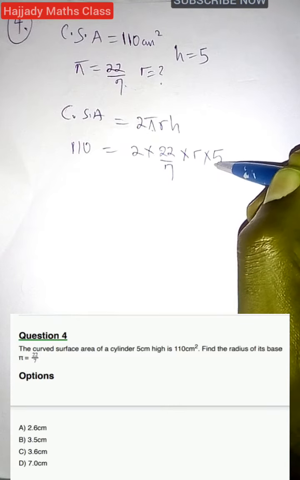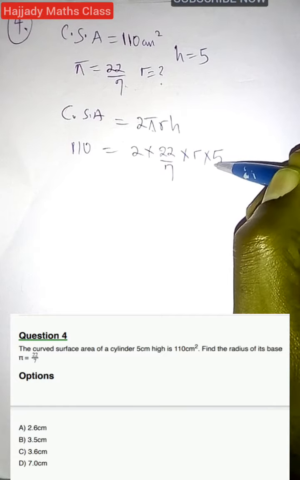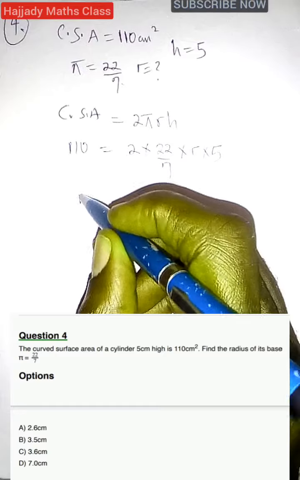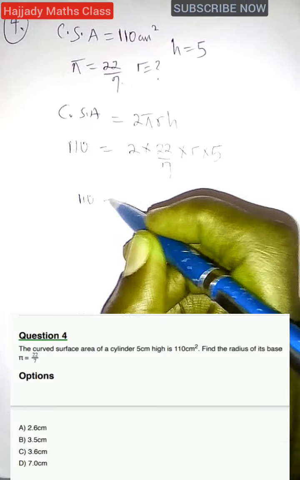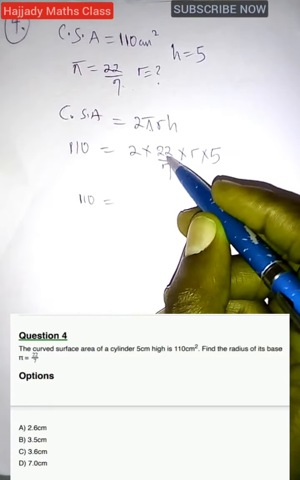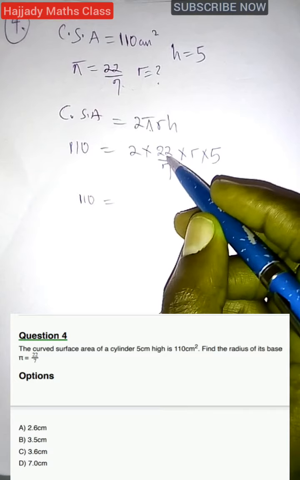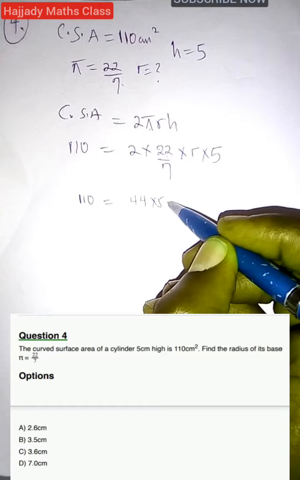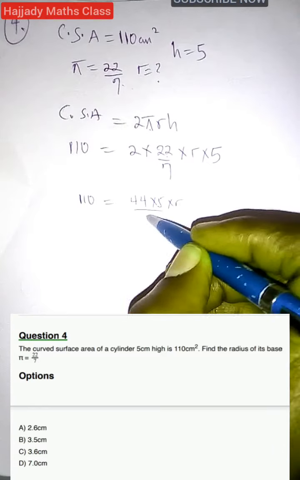So we have 5. Solving this forward, 110 equals 2 times 22, which gives 44, so this is 44 times 5 times r over 7.